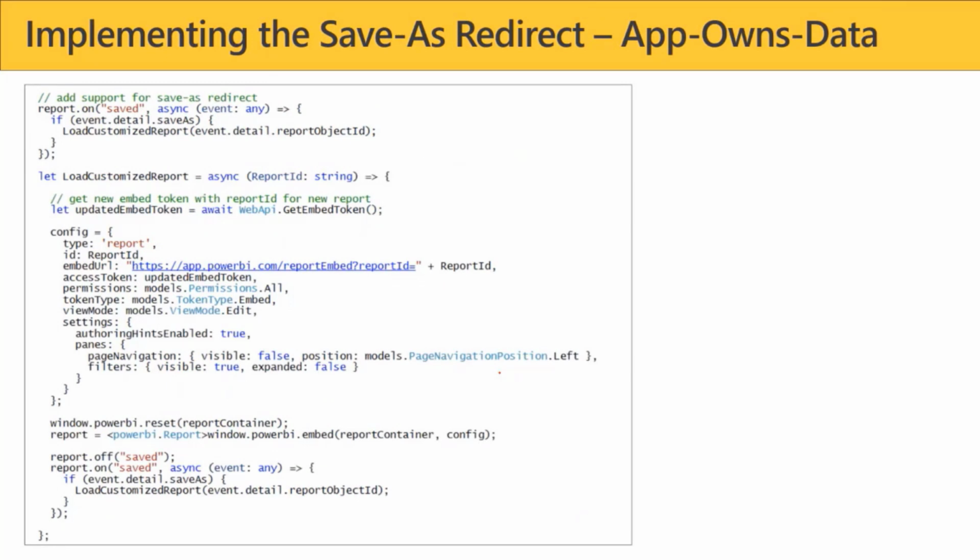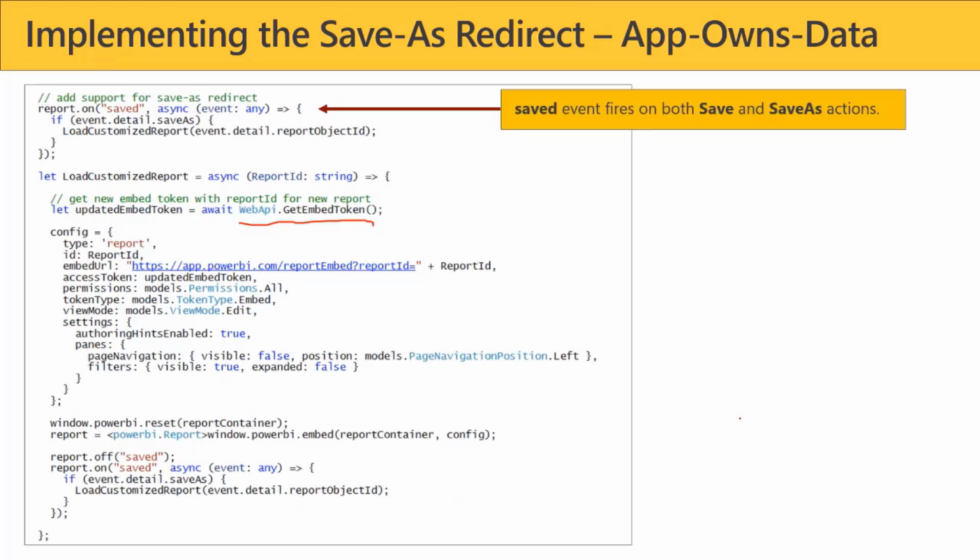And the problem with app owns data is that you have an embed token that has IDs in it. But when you create a new report, a new report ID gets created. You need that, but that's not in the embed token because the embed token was created before. So we're going to have to call a web service API so it can give us a new embed token that contains the report ID for the thing that was just created.